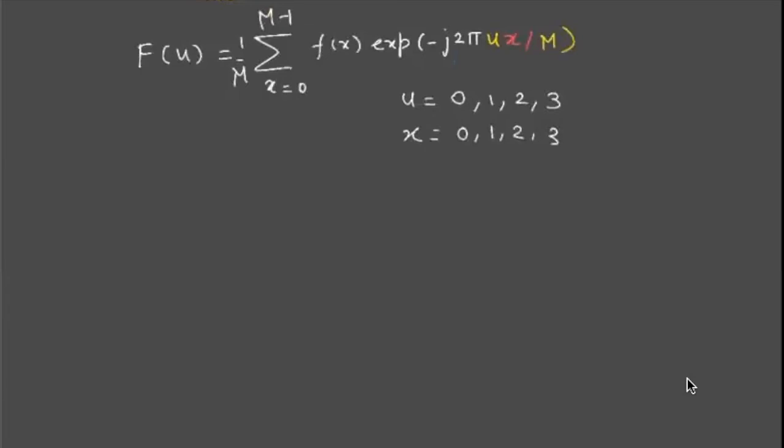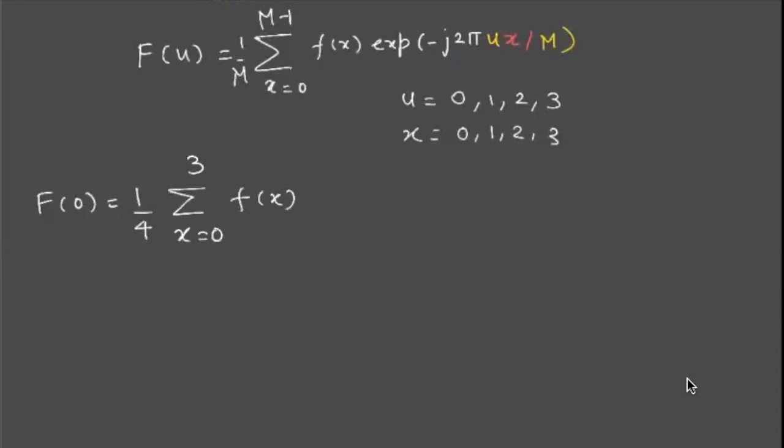So our DC point F(0) would be the summation of 1/4 times the summation of x from 0 to N minus 1, that is 3, f(x).